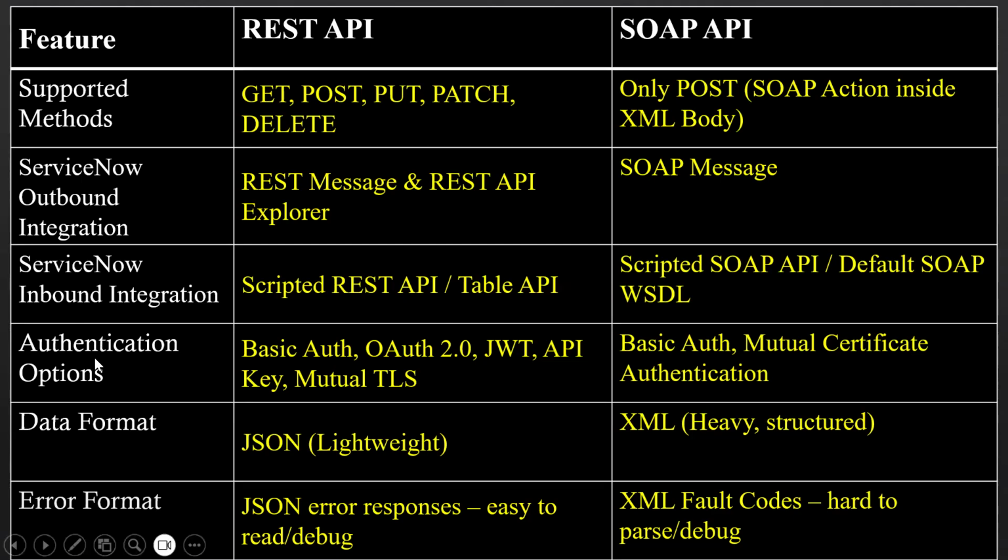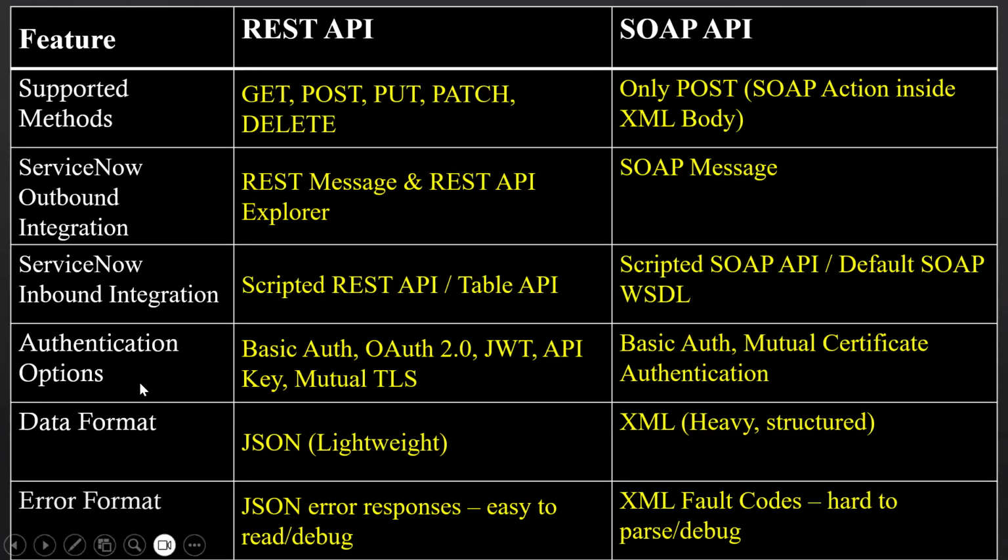Next, authentication options or authentication methods. REST uses basic authentication, OAuth 2.0, JWT, and API keys, but SOAP uses basic authentication and WS-Security. WS-Security includes username token and certificates.